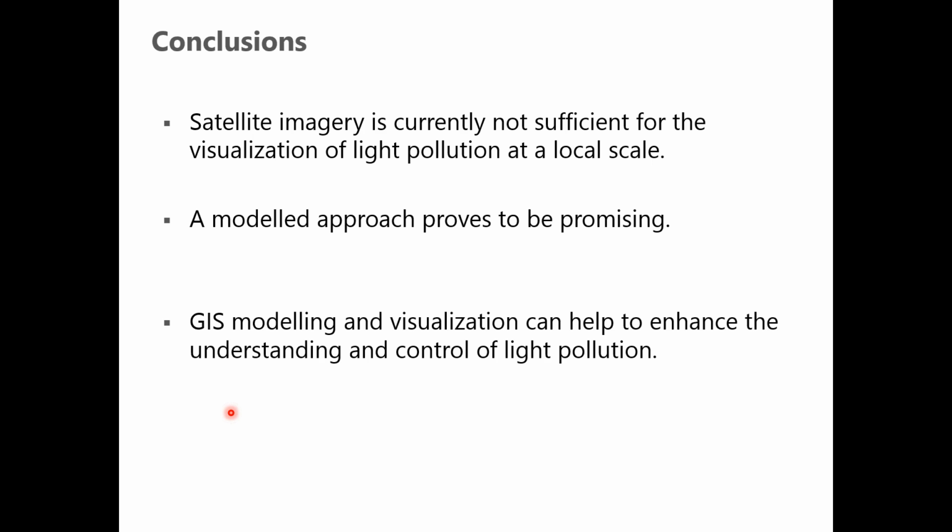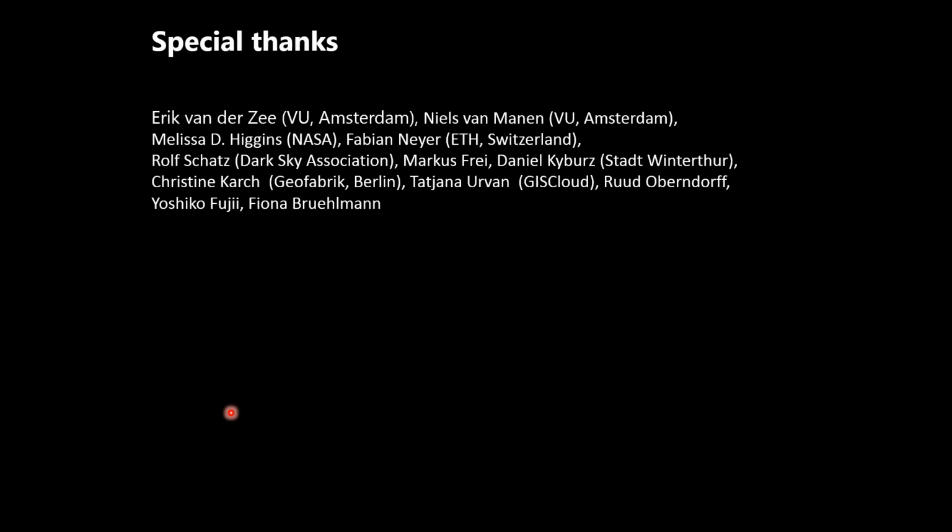The conclusion is that satellite imagery is currently not sufficient for visualization at a local scale, and that a modeled approach, as I worked out, could be promising to come up with maps that are more detailed. Summarized, GIS modeling and visualization can help to enhance the understanding and control of light pollution.